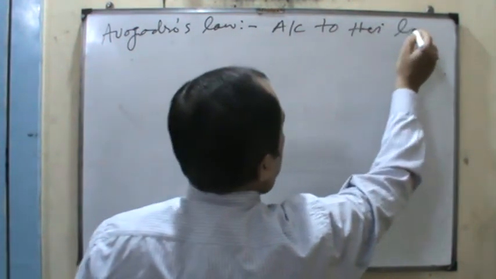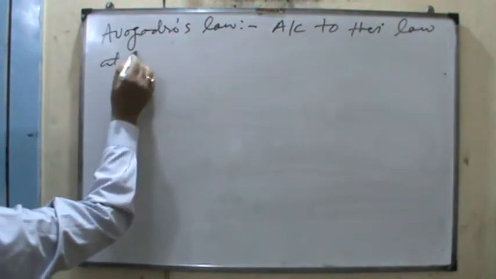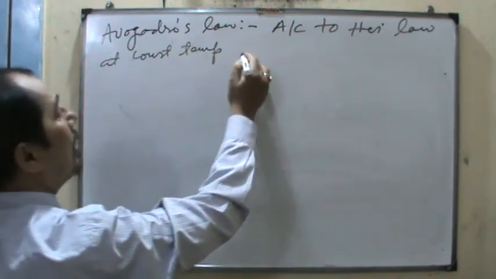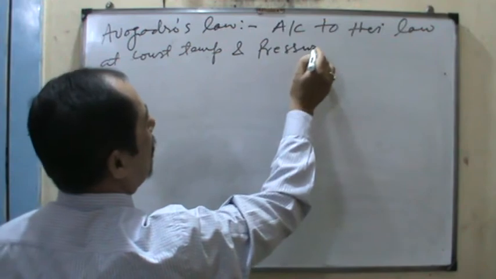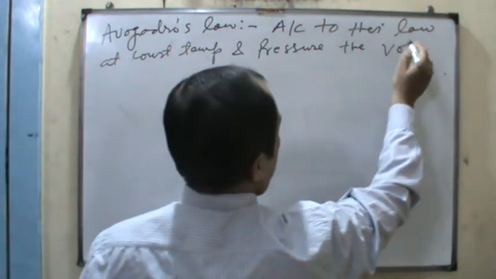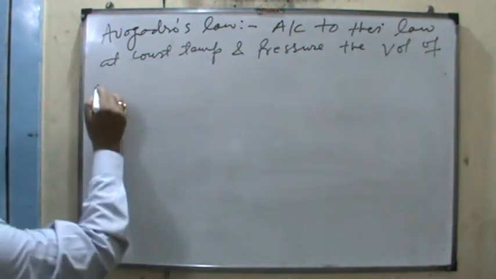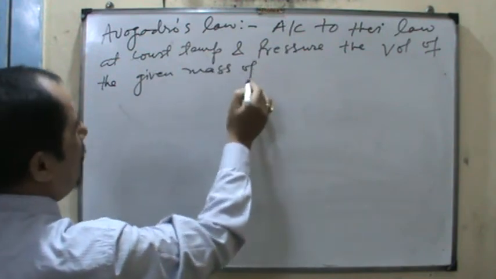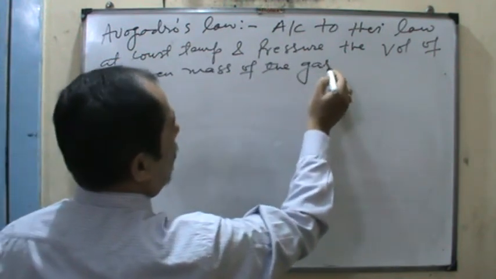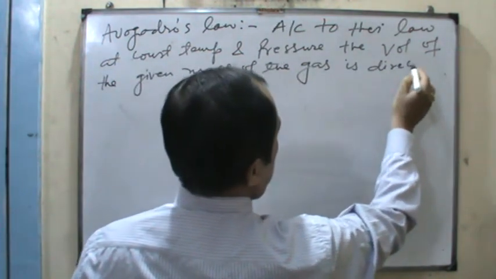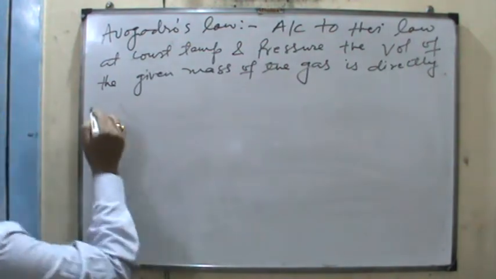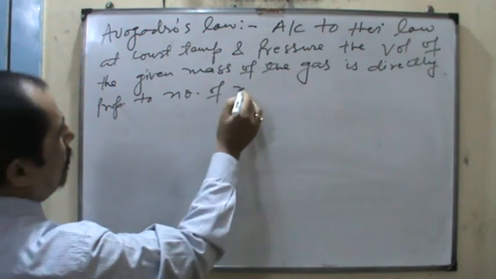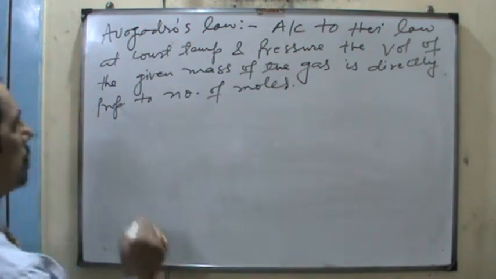According to this law, at constant temperature and pressure, the volume of a given mass of gas is directly proportional to the number of moles.